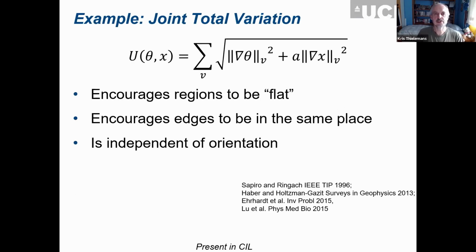The first, probably the oldest approach, is what's called joint total variation. I think by now you know what total variation is. Let's suppose you forget about this term over here. You take the image gradient in X, Y, and maybe Z if it's a three-dimensional image, and just take the L2 norm of it, and then you sum that over all the pixels.